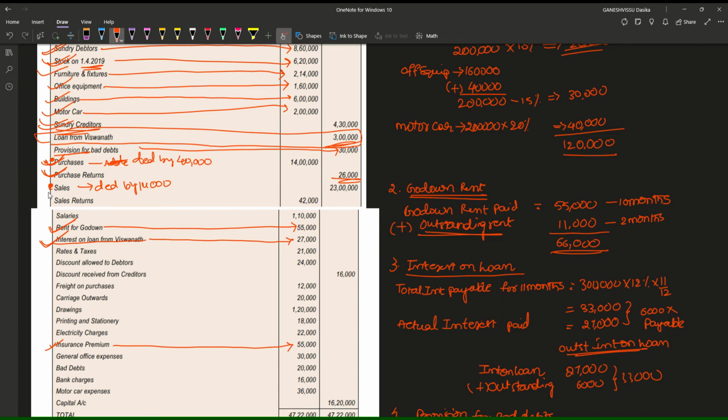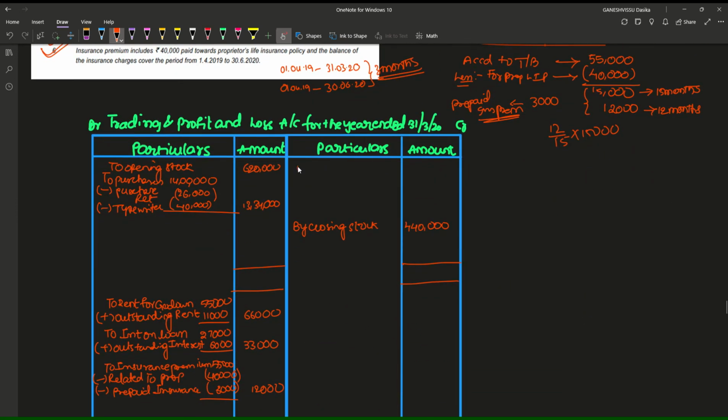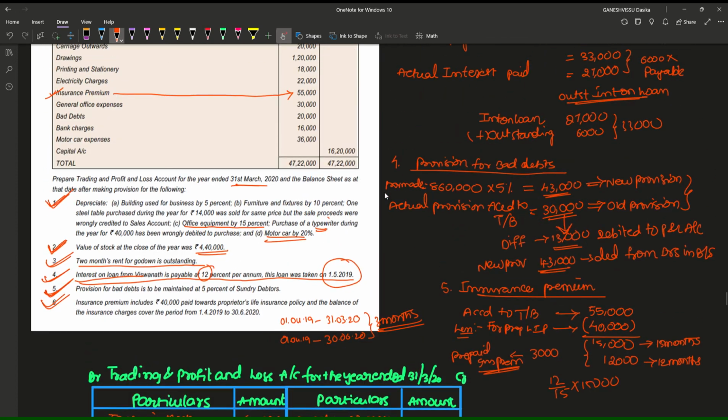Now sales and sales returns. Sales 23 lakhs. Sales returns 42,000. By sales 23 lakhs, and minus returns 42,000. And also we need to deduct the steel table by 14,000 rupees. We have discussed this here.